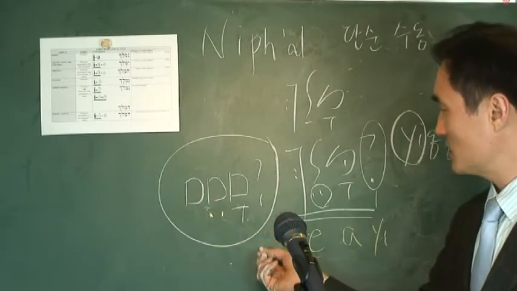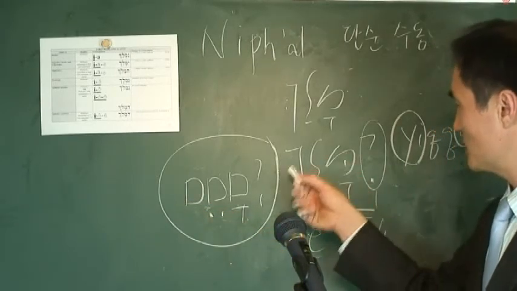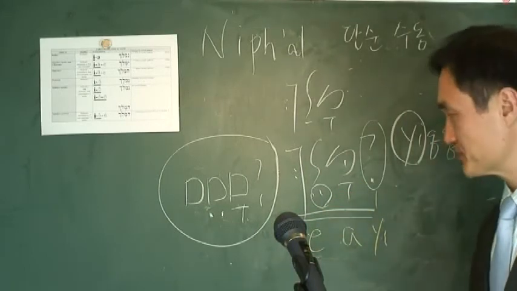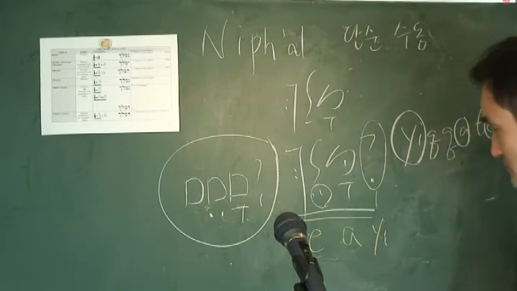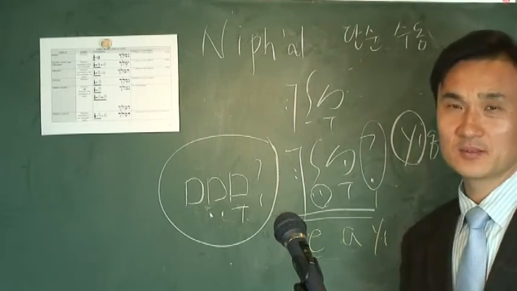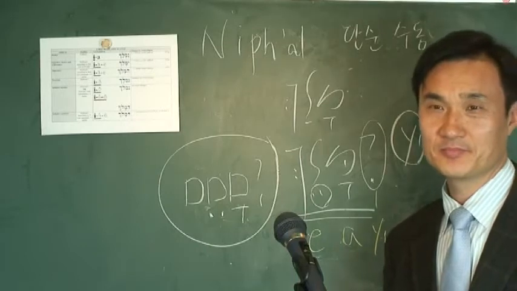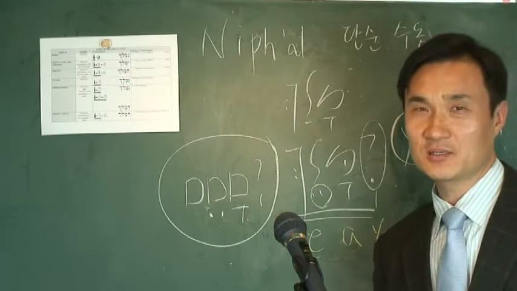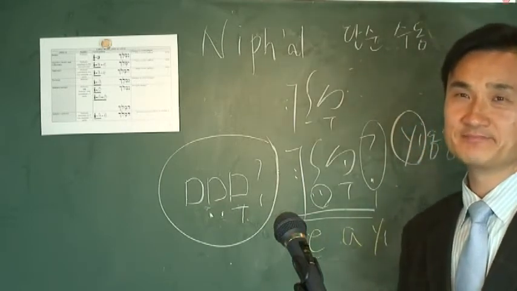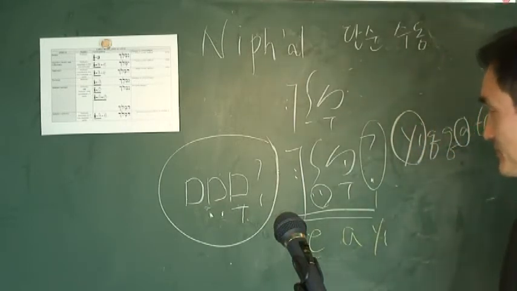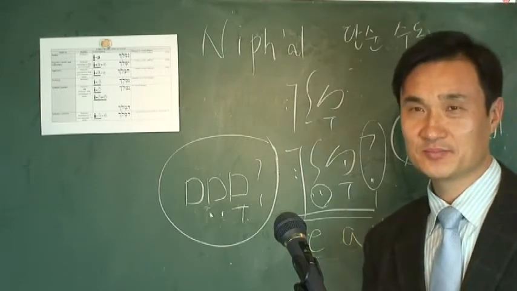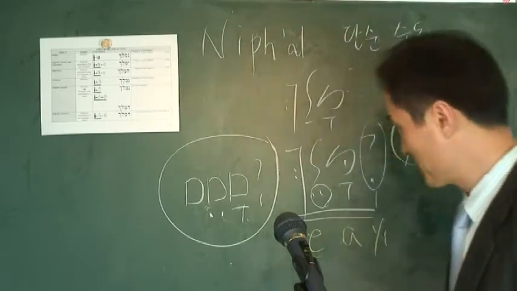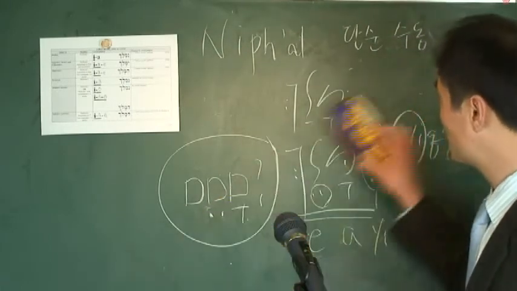If we want to change the person, we can add the prefixes and suffixes: yi, ti, ti, ti, yi, alef, ni, and so on through the full set. Please memorize the prefixes and suffixes of the imperfect form. We must memorize them.